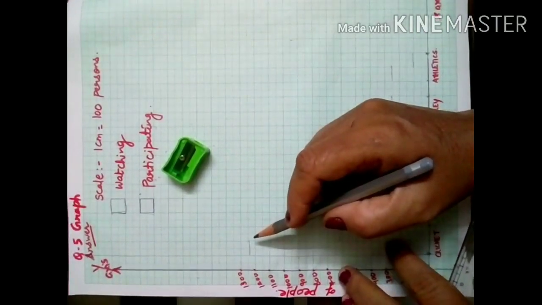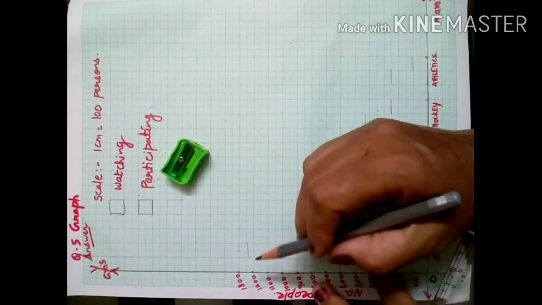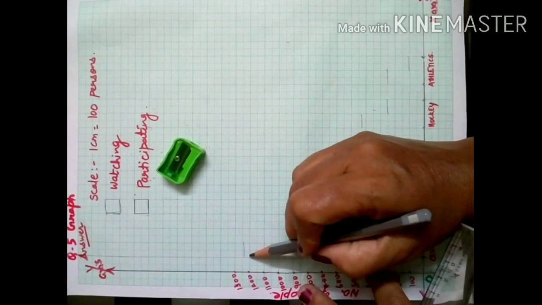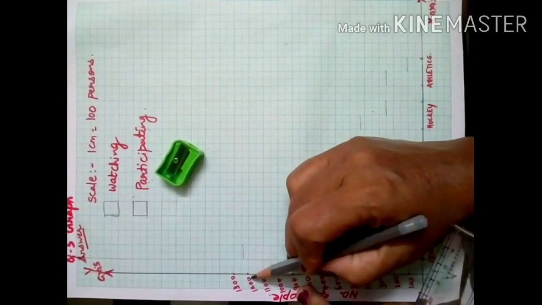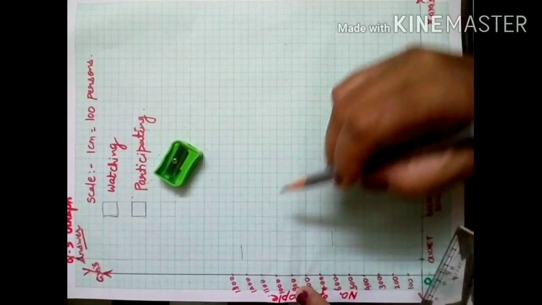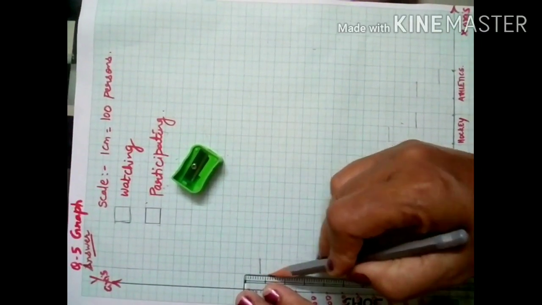Now first one for cricket, the first one is 1240. So 1200 plus 240. It will come here. So let us draw the first bar.